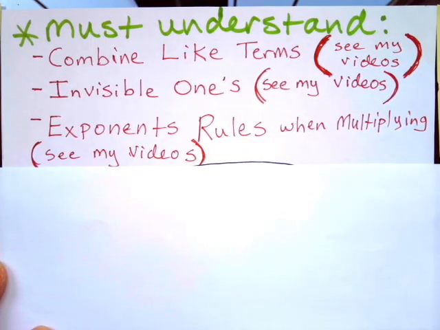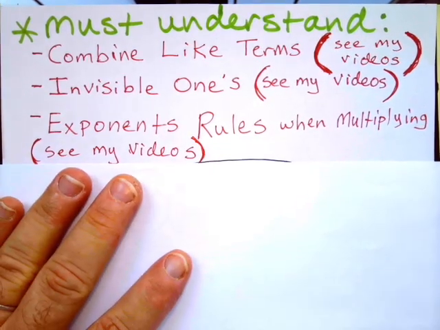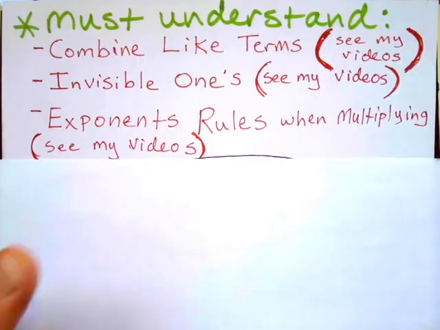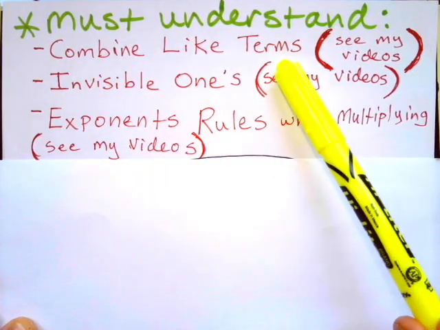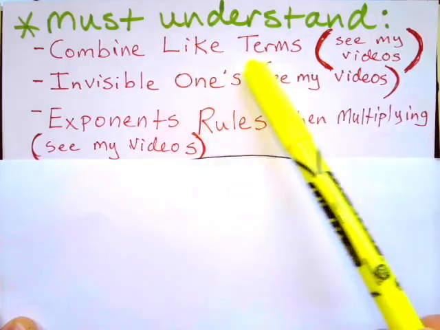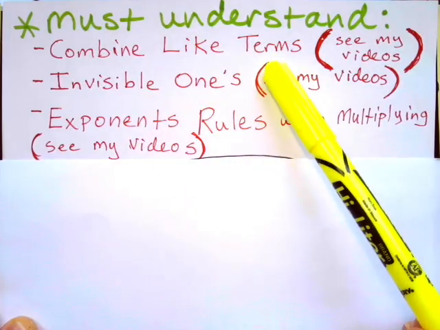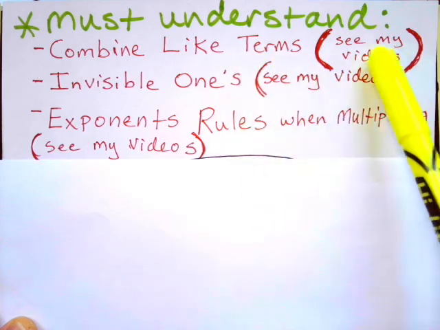Some of the things that I strongly suggest you know in order to answer these questions are as follows. You really want to have a good understanding of how to combine like terms and what are like terms versus non-like terms, right? So check out my video.